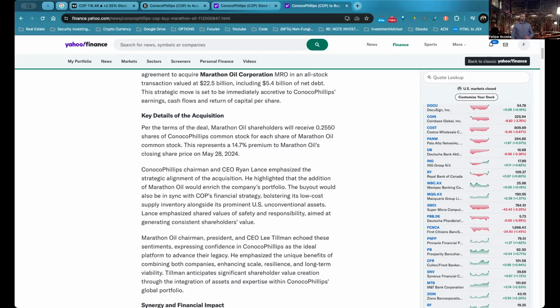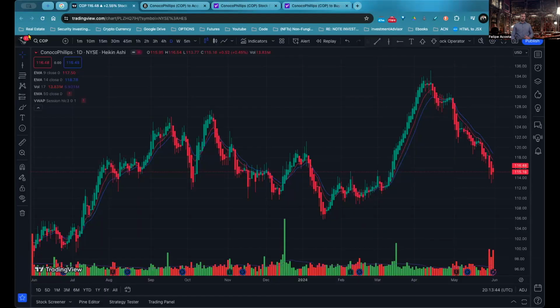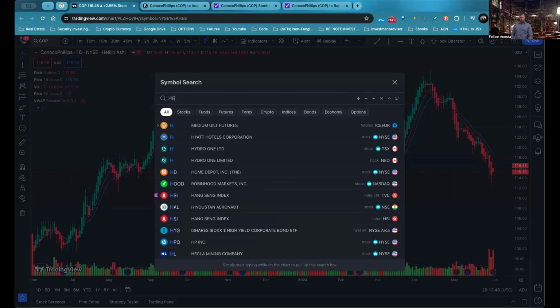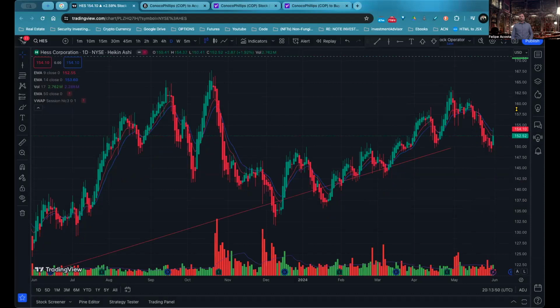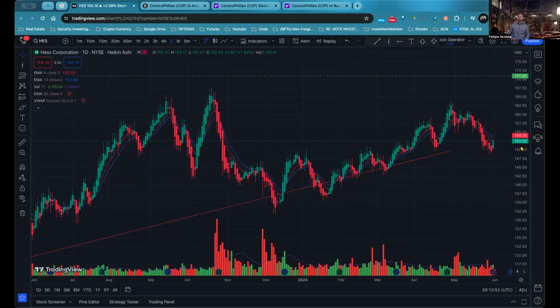Another example is Hess, which is being acquired by Chevron. This is a cash deal, which is kind of the ones I like to look for. Hess is currently at $152, and the acquisition price by Chevron is said to be $171.